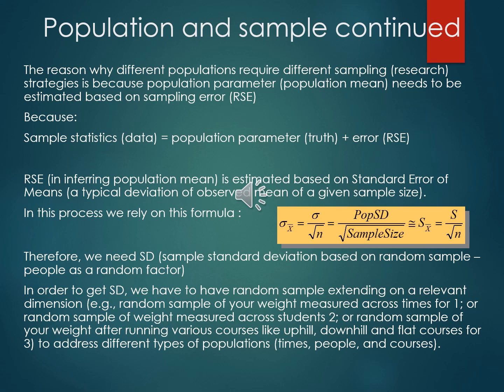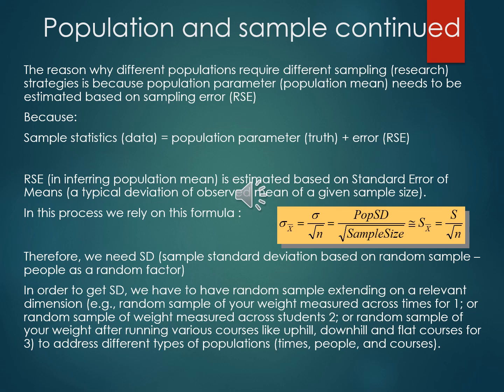So the reason why different populations require different kinds of sample is based on this notion that sample statistics equal population parameters plus error. So the sampling, which is actually the observation, contains some sort of errors.